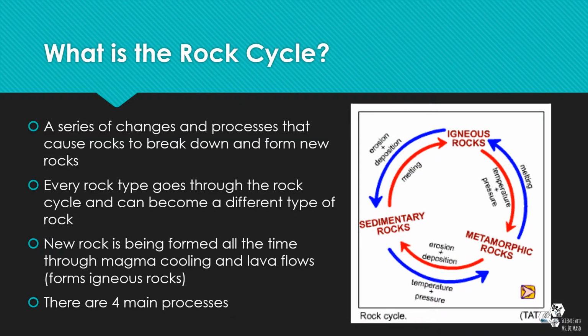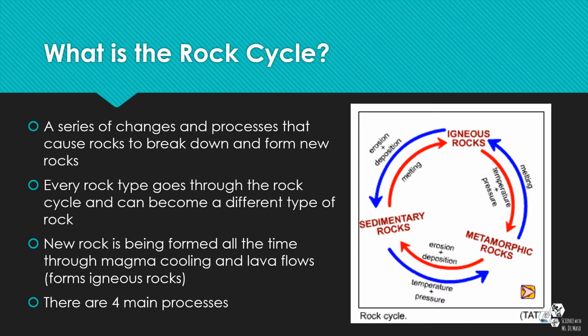So the rock cycle is a series of changes and processes that cause rocks to break down and form new rocks. Basically, all rocks are constantly being broken down and turned into other forms of rock, and we're constantly making new rock.